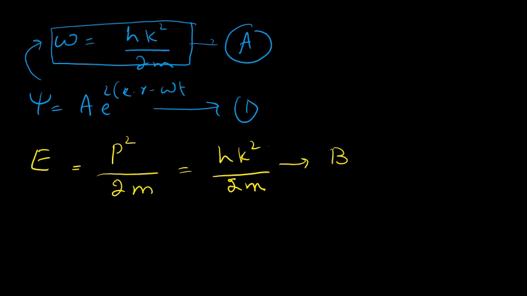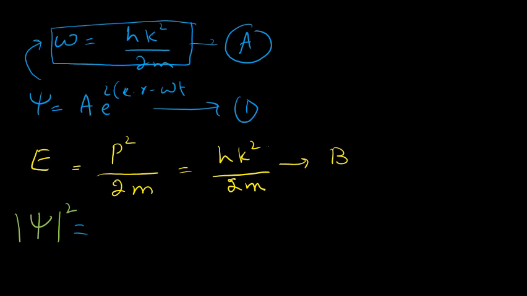So again, equation 1: ψ = A e^(i(k·r − ωt)). But you know that in quantum mechanics we always talk in terms of probability density, because ψ itself is nothing. We have already discussed this.